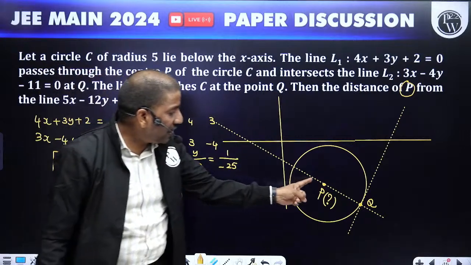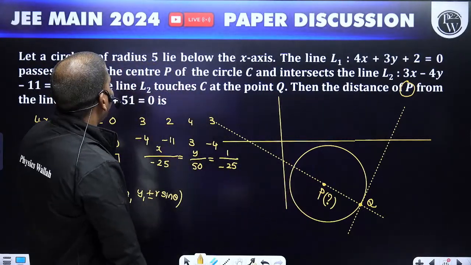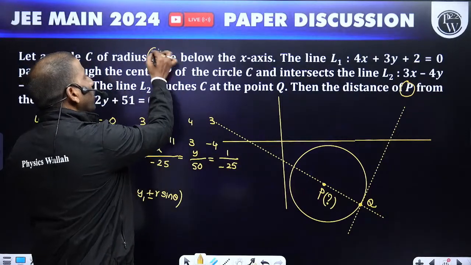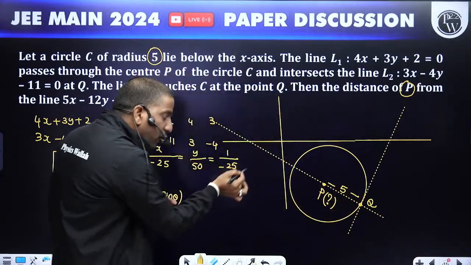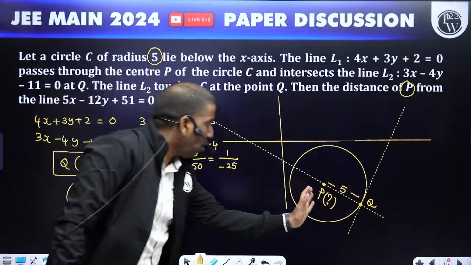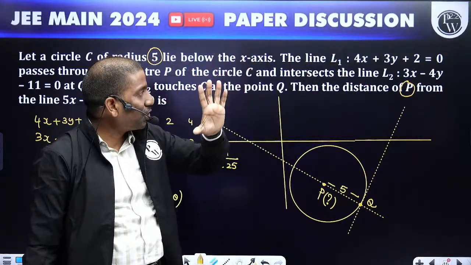P is a point which is at a distance of 5 units, because the radius is given as 5. It is 5 units from Q along the given line 4x plus 3y plus 2 is equal to 0.